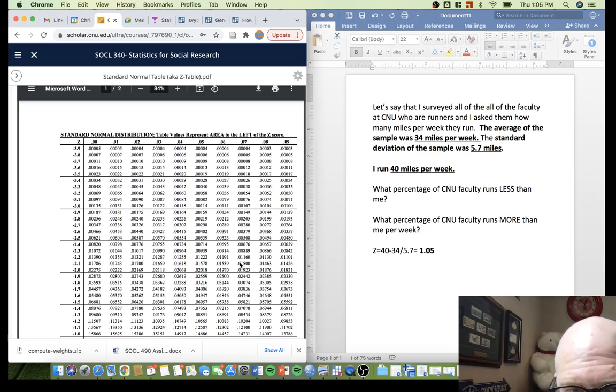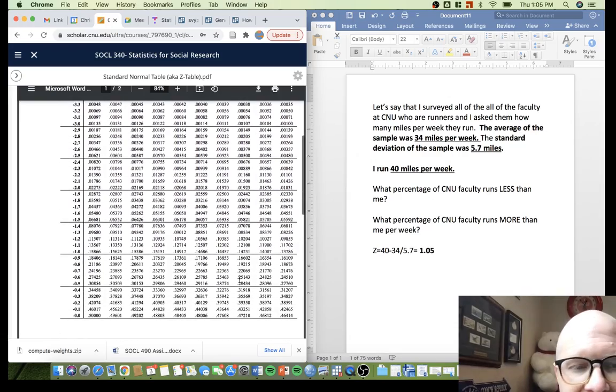They're decimals, but they can be converted into percentages. If you move the decimal point over two places, you get the percentage of the sample that is less than your given case. I have a z-score of 1.05 for my 40 miles a week.